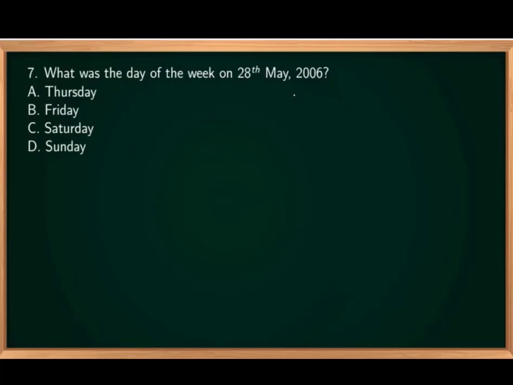As a multiple of 400, I put 2000 plus 5, which can be divided into 2000 plus 1 leap year plus 4 ordinary years. As we know, the number of odd days up to 2000 is 0, plus 1 leap year means 1 into 2 odd days, plus 4 into 1, as an ordinary year has 1 odd day. 4 plus 2 equals 6.